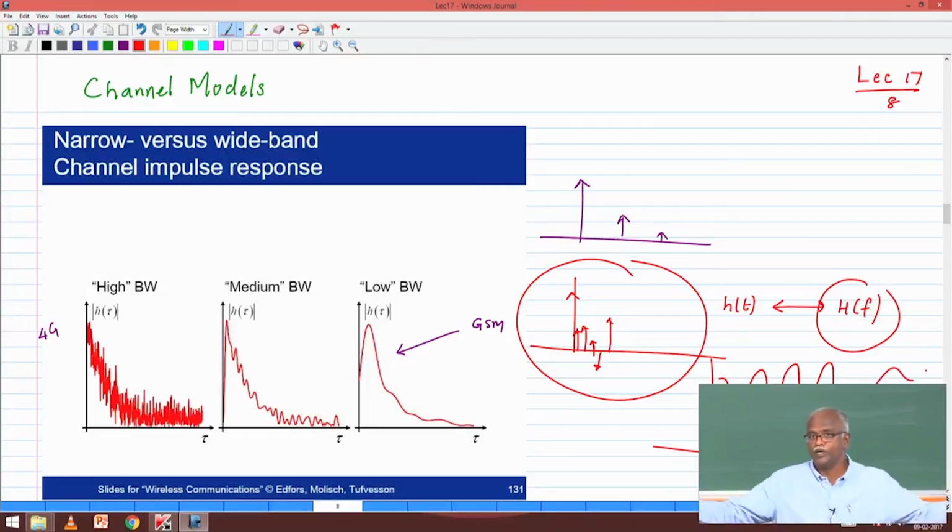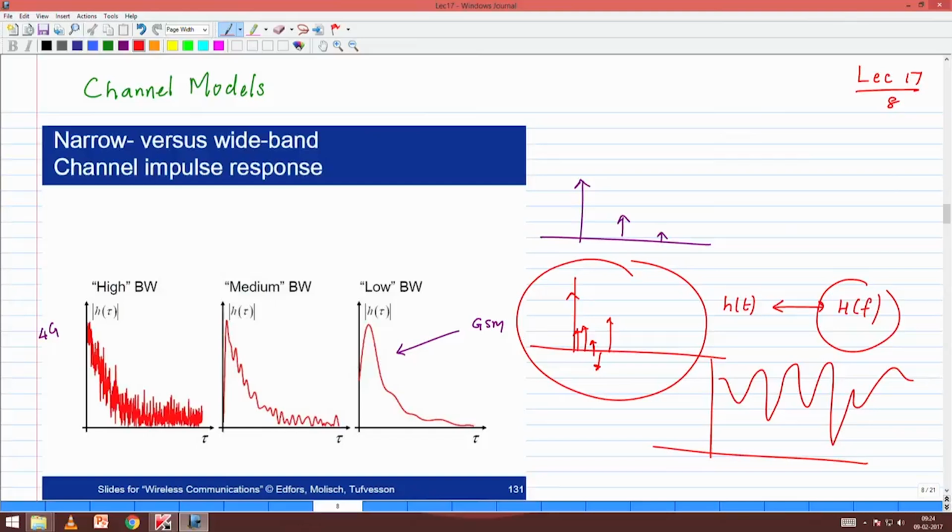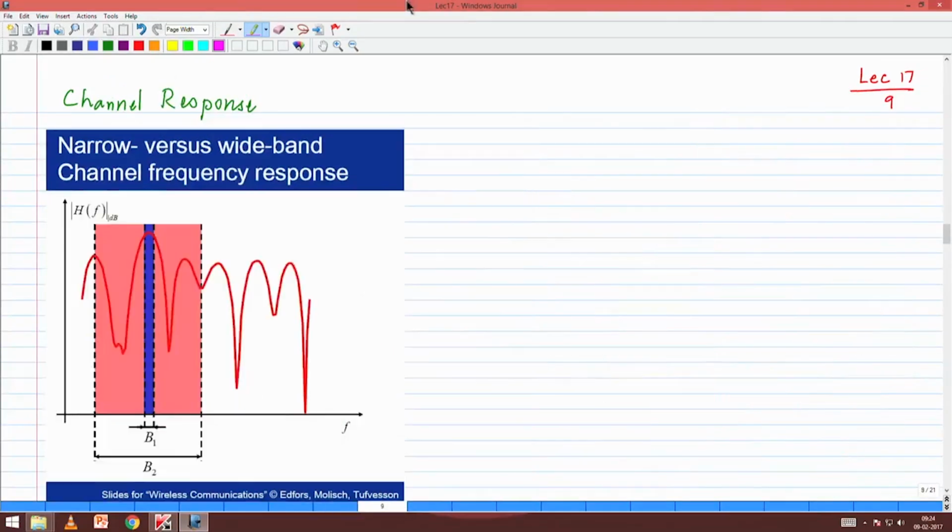It is a typical filter, with zeros and poles, so there are a lot of variations in the frequency response as a function of frequency. If I have only one tap in the time domain, the frequency response is flat. Remember, we talked about flat fading versus frequency selective fading. This is flat, and this is frequency selective fading. This is very important for us to interpret the next slide.